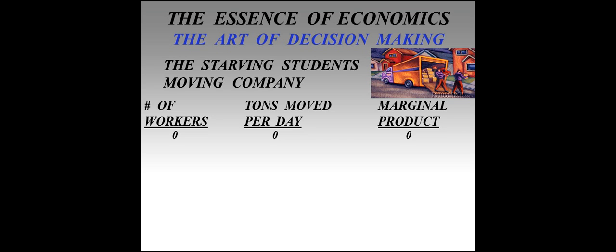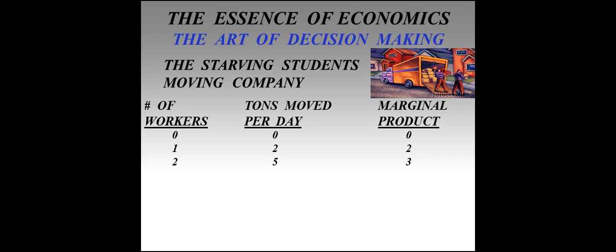They started pretty simple, moving people from one apartment to another, let's say, and they specialized in moving boxes and some light furniture. Okay, so they add a worker and they're able to move 2 tons per day. So obviously from their first observation, they've increased their marginal product by 2.